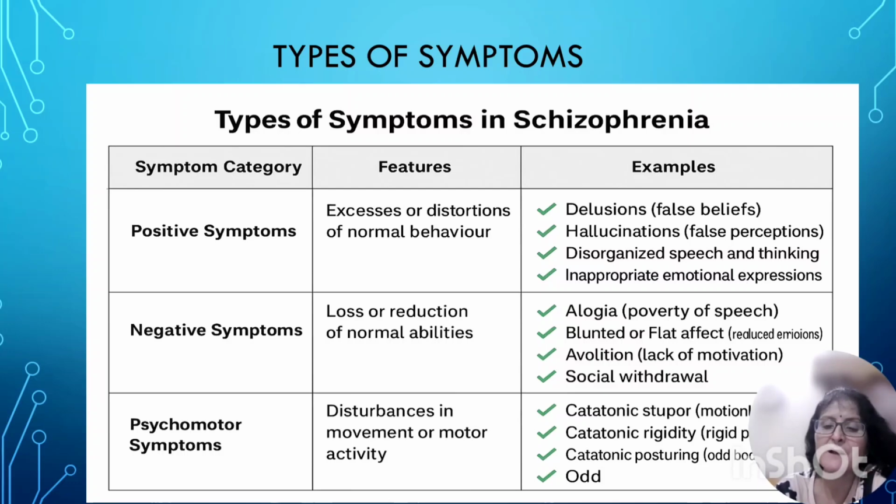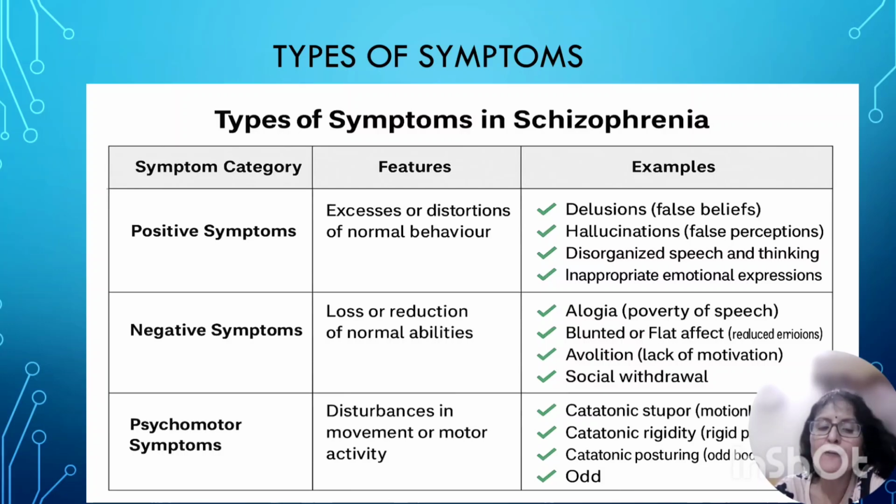Next is blunted affect, that is, they do not show emotions, or there is diminished expression of emotion, may it be anger, joy, or sadness. And sometimes no emotions at all, that is called flat affect.